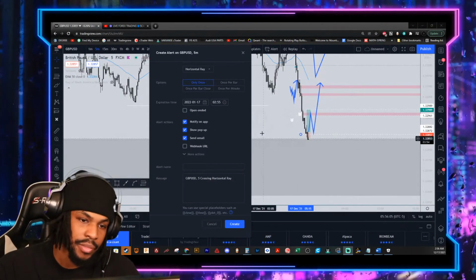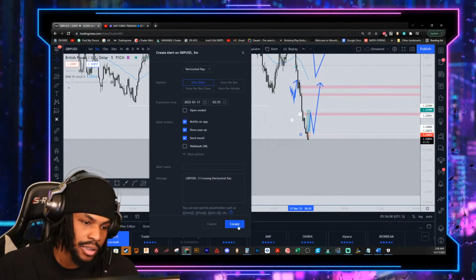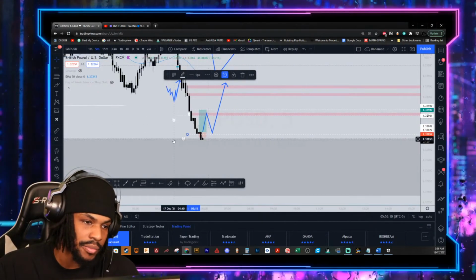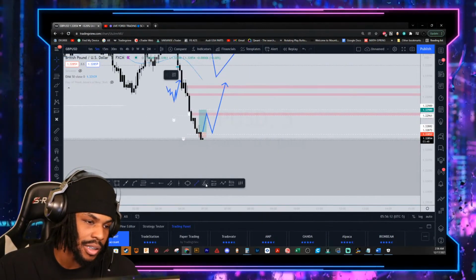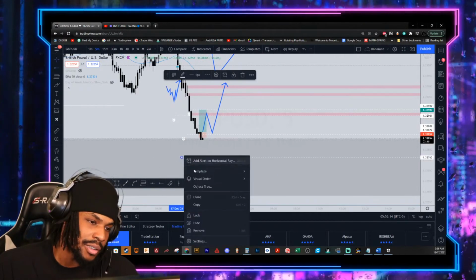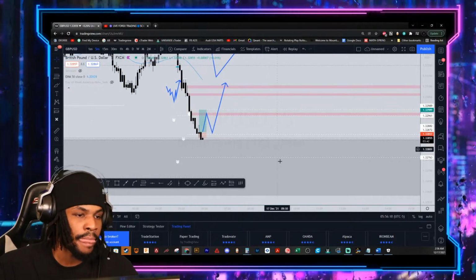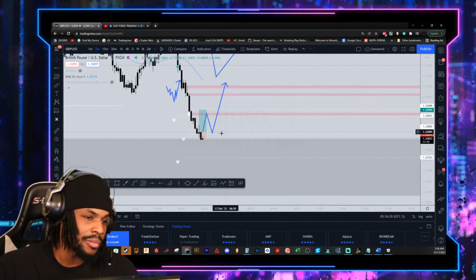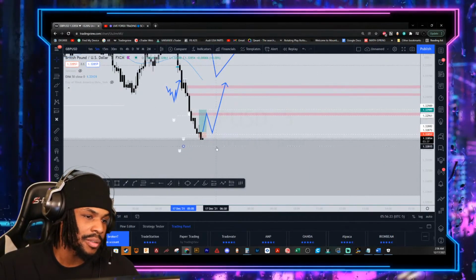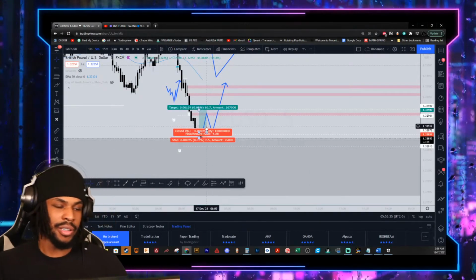But either way, I usually just set my alerts a little bit above and below where price is currently at, so I can monitor it from away from the computer. Something like that, I'm cool with. Honestly, maybe something like that. I want to catch the next push down.